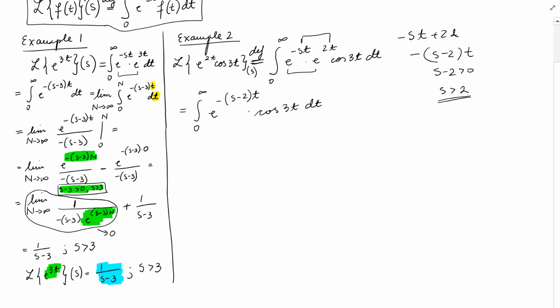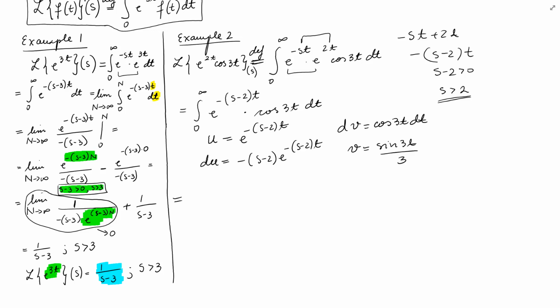Now this integral, it's pretty obvious that it's going to use integration by parts, so let's start doing that. First I decide on the u and v, and now let's write the limit as n approaches infinity of uv minus the integral of v du.